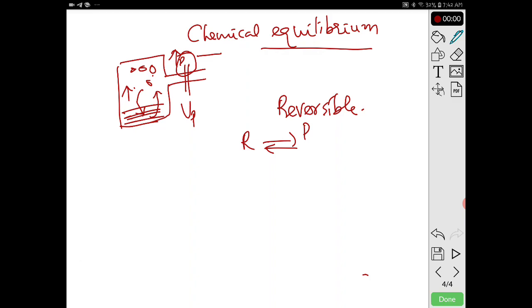So what is the concept of equilibrium here? The reactants react to give products. After some time the products react to give back the reactants. Then at some point, the conversion of the reactants to the products, to whatever extent it happens, to the same extent the products get converted to reactants. That state is what we call equilibrium.